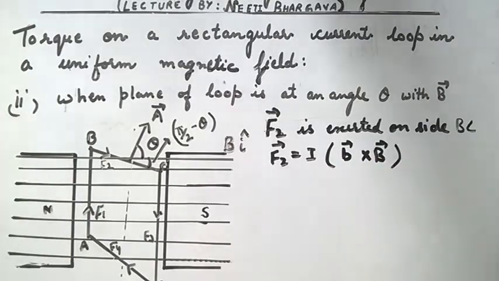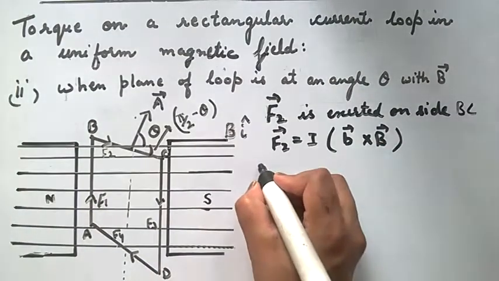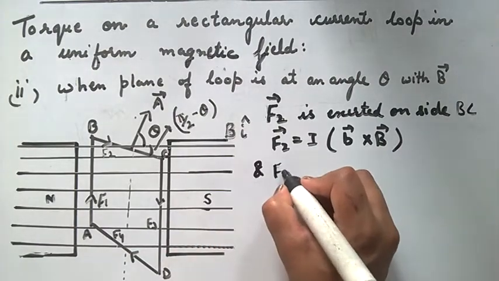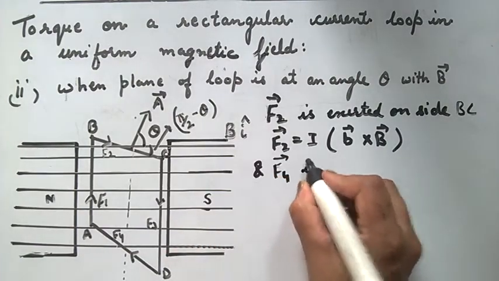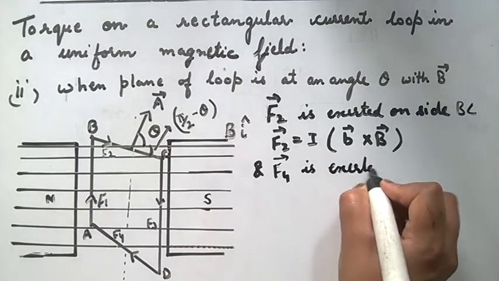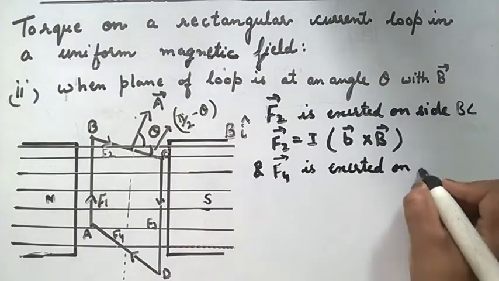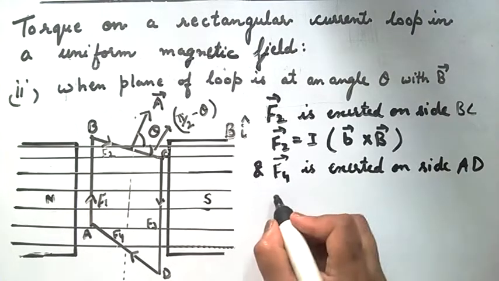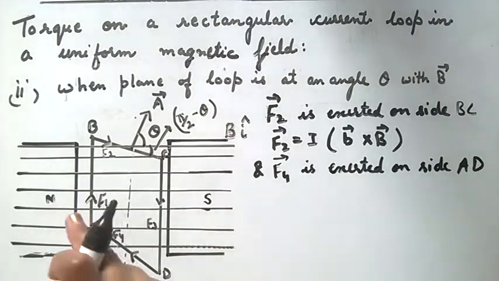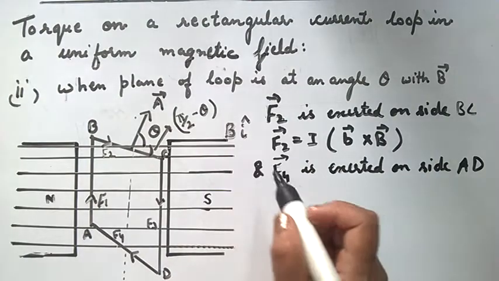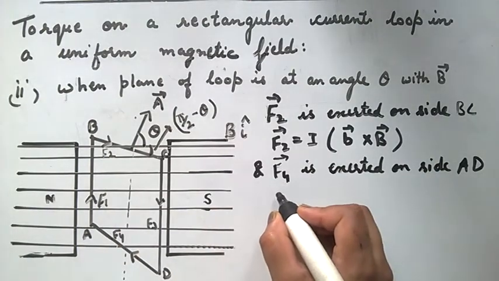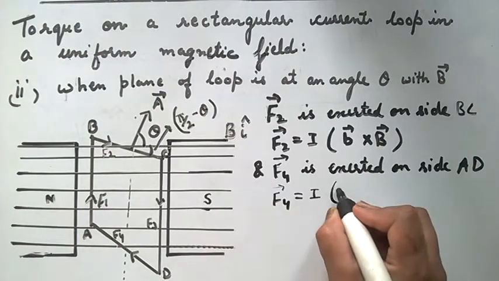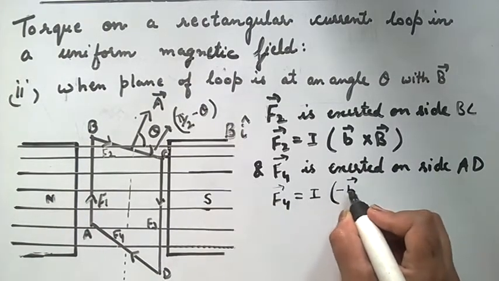And the force exerted on side AD is F4, which is opposite in direction to that on BC, equal to I minus b vector cross B vector.